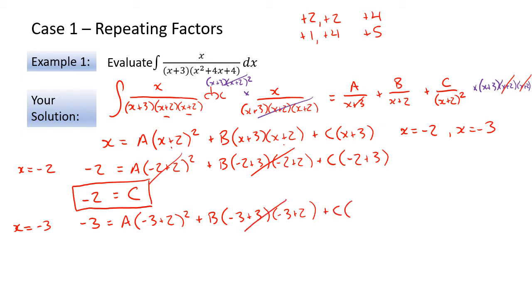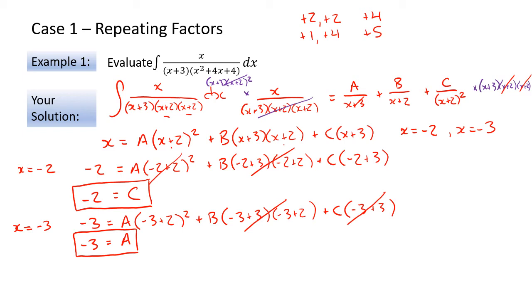Plus c times negative 3 plus 3. Again, this term will cancel because negative 3 plus 3 is 0. So what we're left with is negative 3 is equal to, we have negative 3 plus 2, which is negative 1 squared. That gives you positive 1. So our next value is negative 3 is simply equal to a.